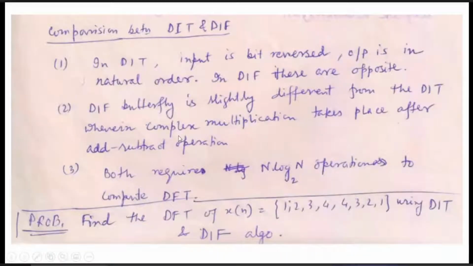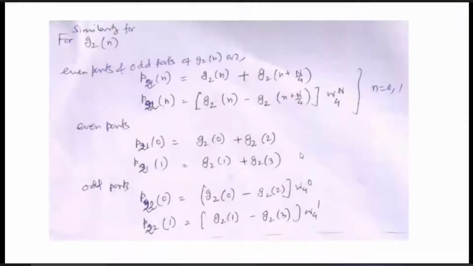But earlier in that case, this was different. This is opposite. It takes place before the add subtract operations, and both require n log 2n operations to compute DFT. This order of the complexity is n log 2n that we discussed in this part.